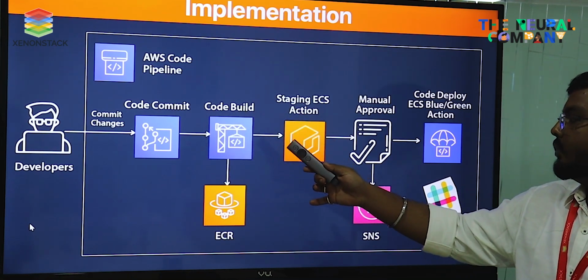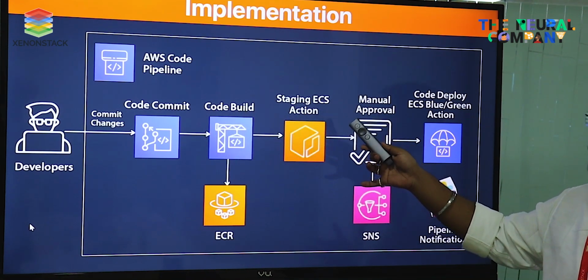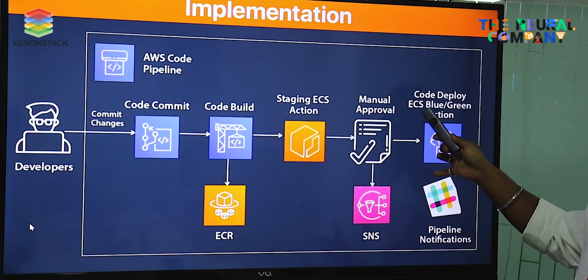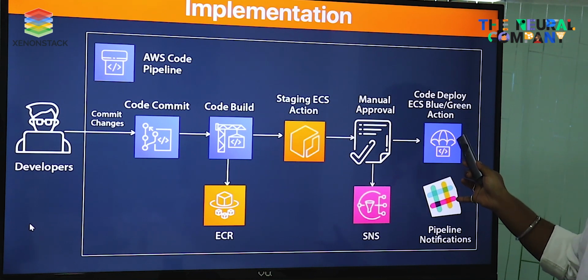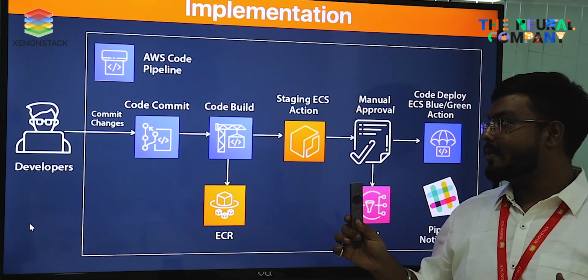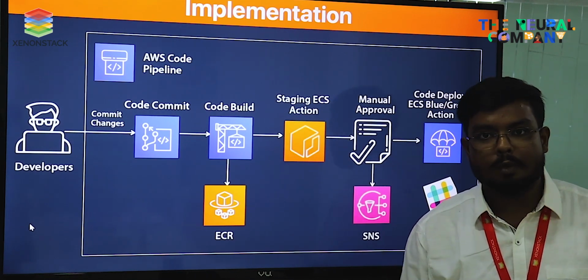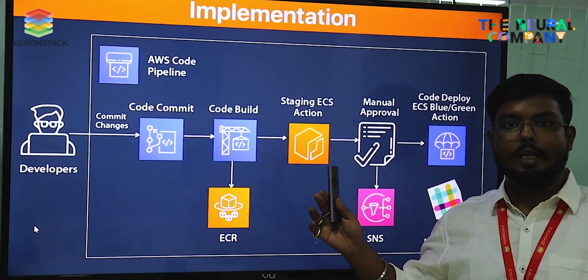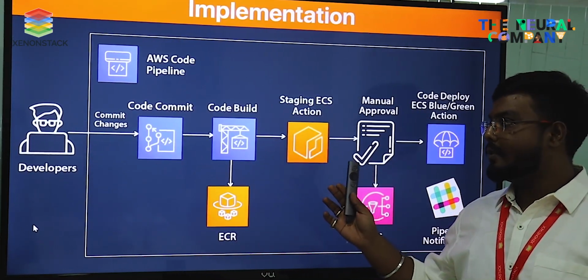Then we are building, then we are deploying, we are in the staging section, we are testing, and then we have the approval state, and finally we are deploying. So this is the overall architecture which AWS is offering us with AWS Code Pipeline. All of this is controlled via IAM, all the credentials, all the access.